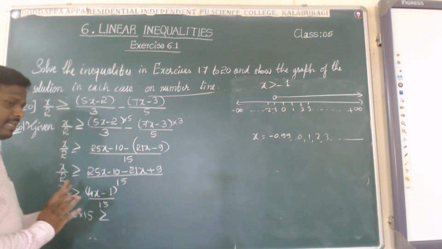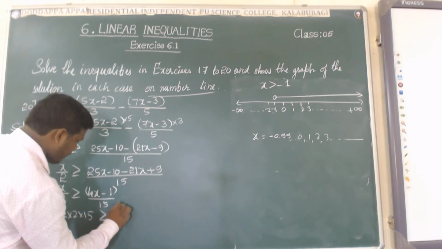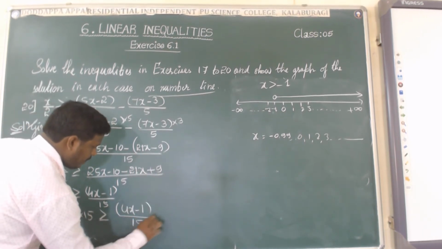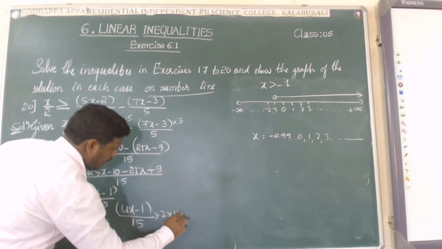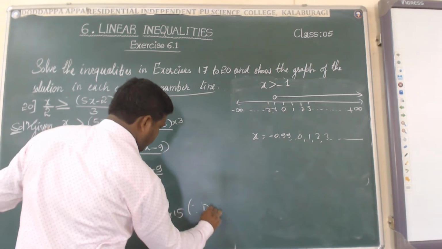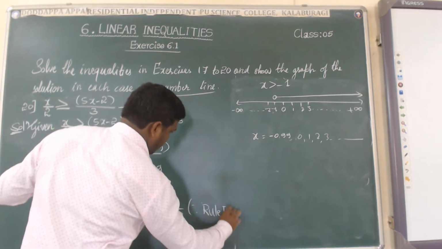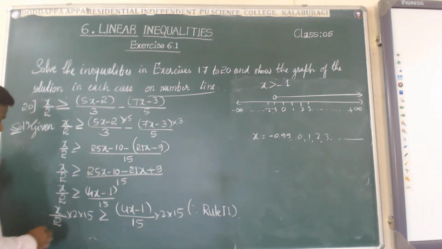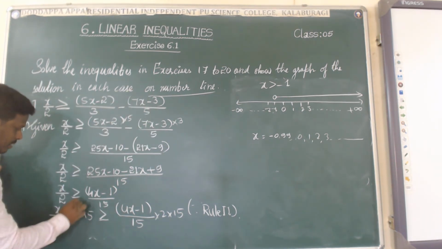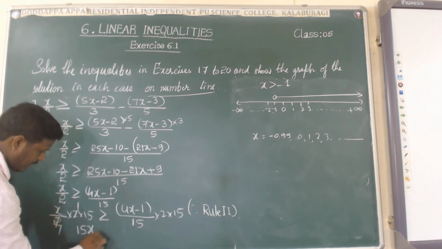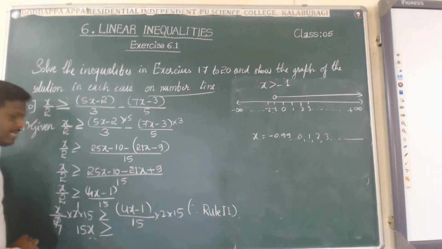We have to write as it is. 4x minus 1 divided by 15 into 2 into 15, because of the rule. Simplify: 2 1s are 2, 2 1s are 2. So what is left here? 15x is left here, and the sign you write as it is.